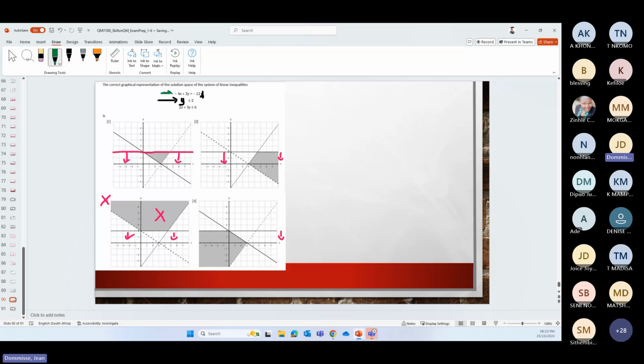Okay, then let's look at that one, the green one. So we've got minus 4x plus 3y bigger than minus 12. So again, we want it to look like y is equal to mx plus c.